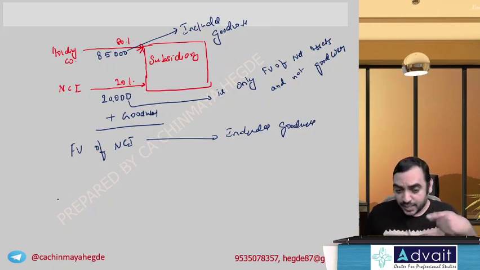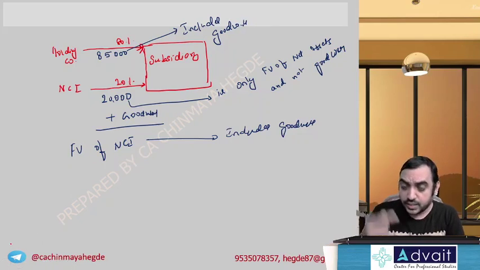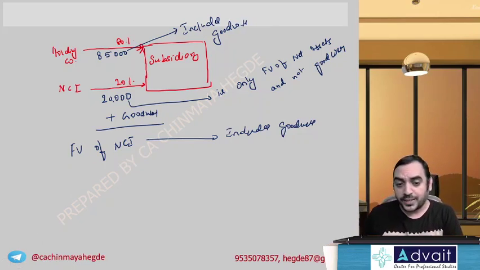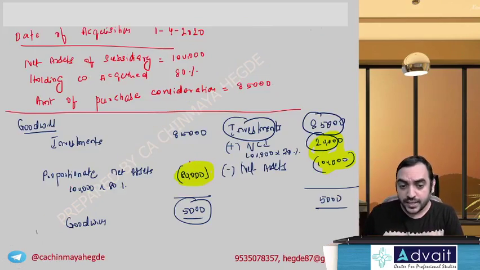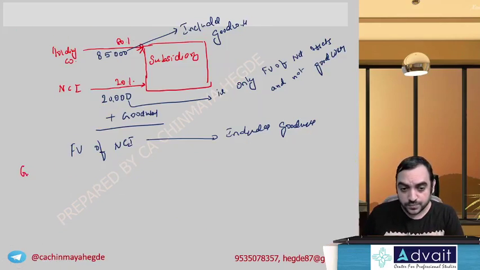Let us write this same example. Then we'll write the theoretical sentence and also the format. So same format I will write. Goodwill calculation. So what we did under the proportionate method, and what we do now under the fair value method.